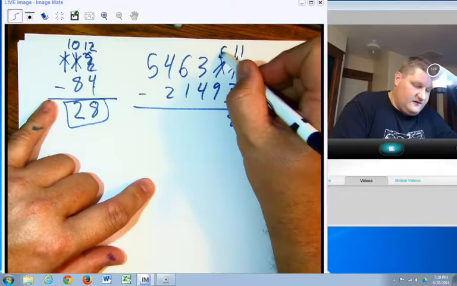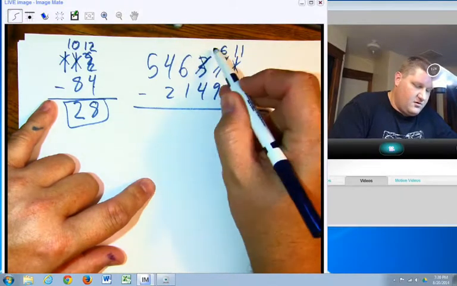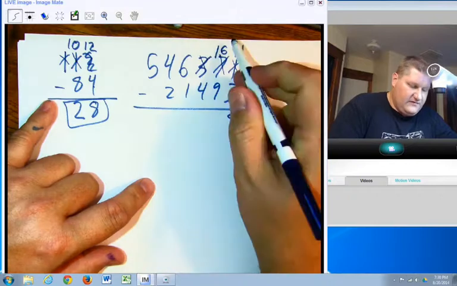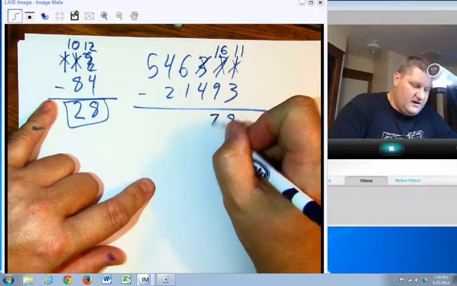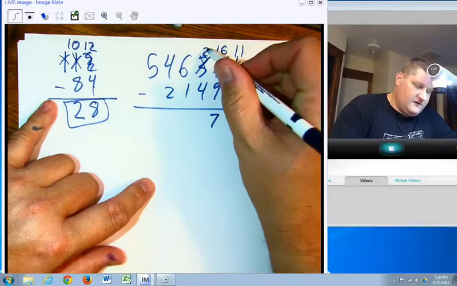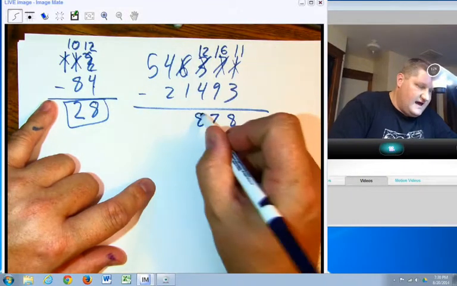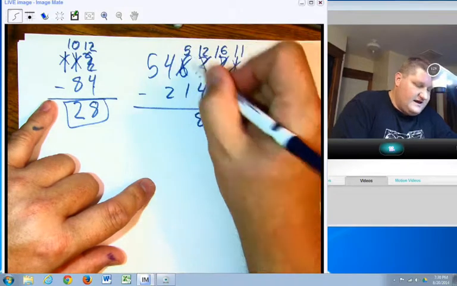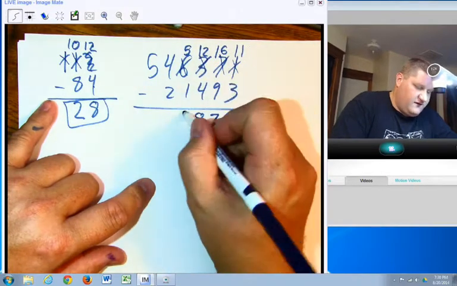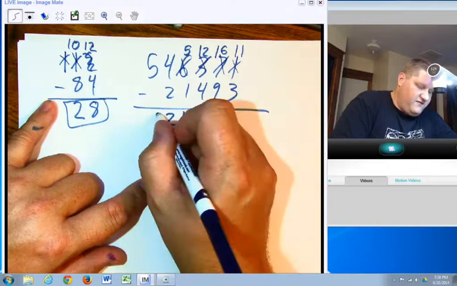That's now 6, but I can't take 9 away from 6, so I have to borrow. 16 take away 9, I come up with 7, that gives me 2. Again, 4 out of 2, can't do it. So it's 12. 12 take away 4 is 8. This is a 5. I can take 1 away from 5, that's 4. 4 take away 2 is 2, and I have 5 there.